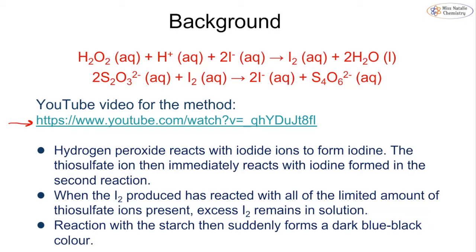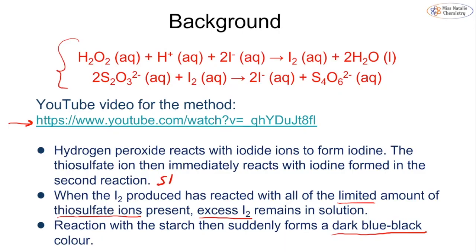So when we have these reactions, the hydrogen peroxide is reacting to form the iodine, and the iodine then reacts immediately with the thiosulfate in the second reaction. That's what these equations are describing. When the iodine produced has reacted with all of the thiosulfate that is present, remember it is going to be your limiting agent, we have excess iodine remaining in the solution, and the reaction then suddenly forms a blue-black colour.